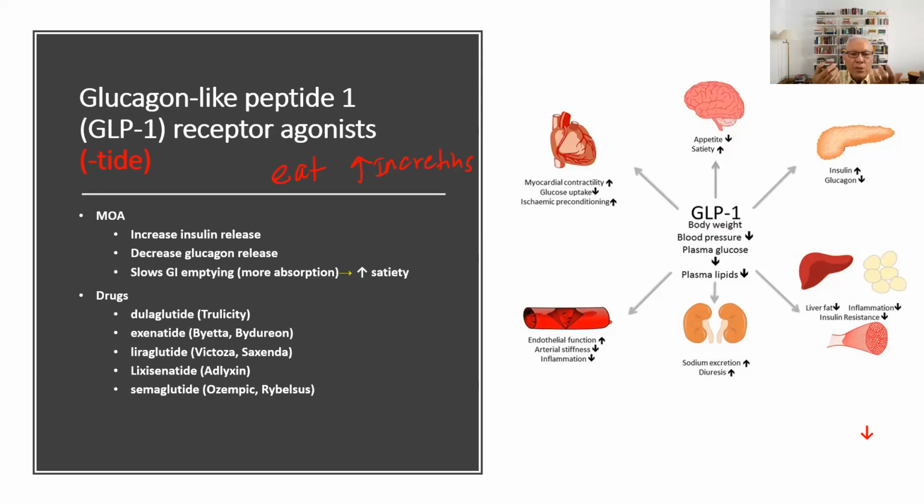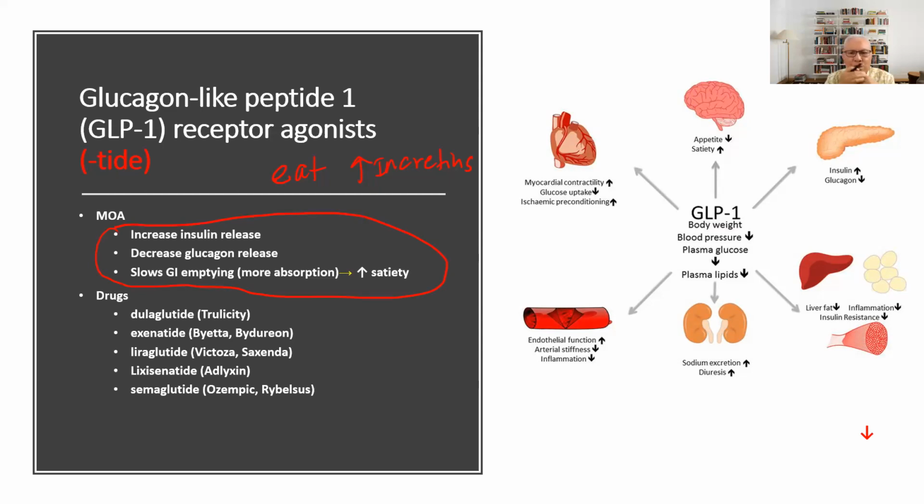They increase a feeling of fullness, and therefore, when you are only eating a small amount and you already feel full, you're not going to eat a lot, right? It also slows down stomach emptying, and it also increases insulin release. So these are the modes of action as far as this drug is concerned, and therefore, they decrease blood sugar levels this way.